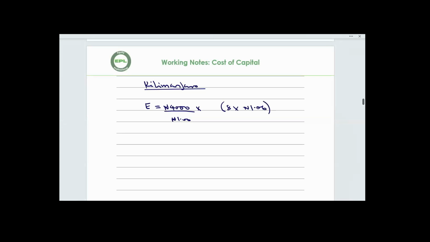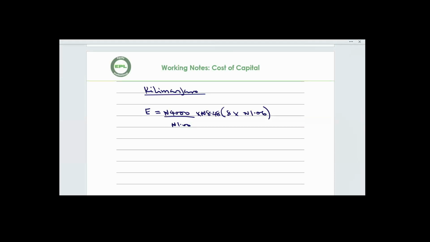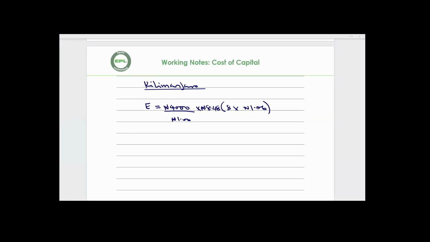So when you multiply 8 by 1.06, this is 8.48. 8 naira 48 kobo. So 8 naira 48 kobo multiplied by 4,000. That's 33,920.